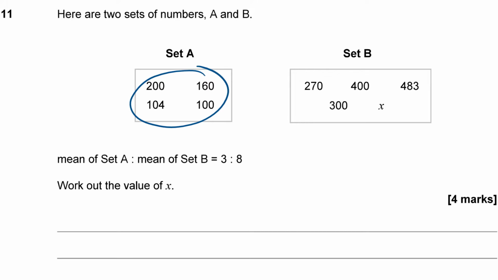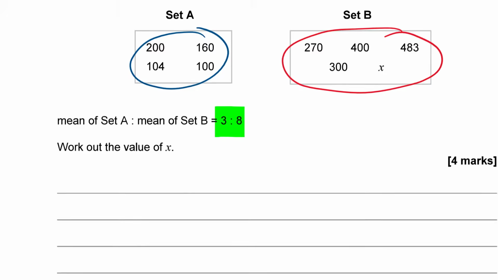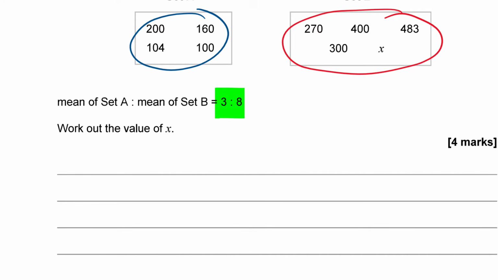Then we're going to use the ratio to find out what the mean of set B should be, and then we're going to form an equation using this information and our answer from the ratio question to form an equation in x, which I hopefully can then go on and solve. Okay, so lots of steps. That's 4 marks. So let's just do it.